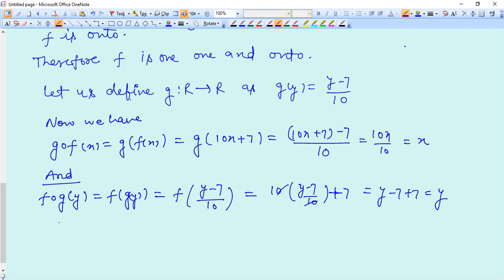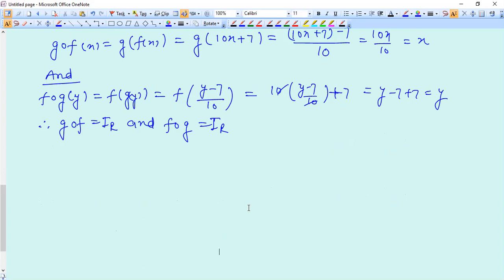That is, g of f is equal to I_R and f of g is also equal to I_R, where I_R means the identity map.